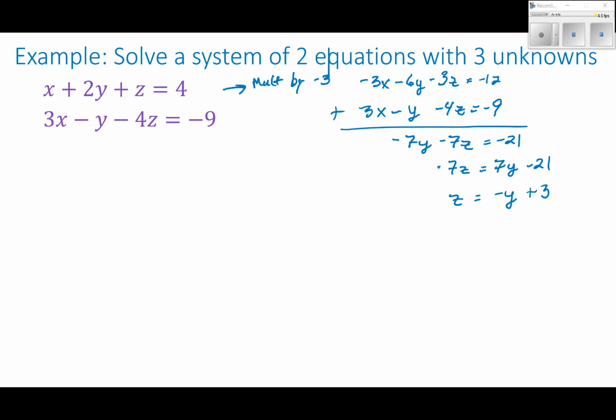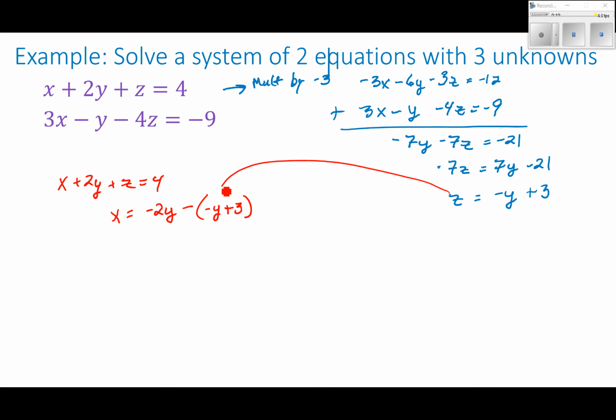Okay, another thing we can work with, well, we know our x plus 2y plus z equals 4 from our top equation here. Let's solve this for x. This would be an easy one to solve for x. x is going to be equal to negative 2y minus, instead of our z, we're going to use our new equation that we found.